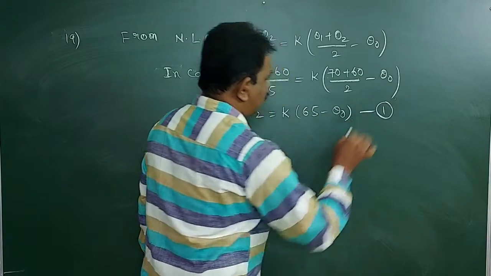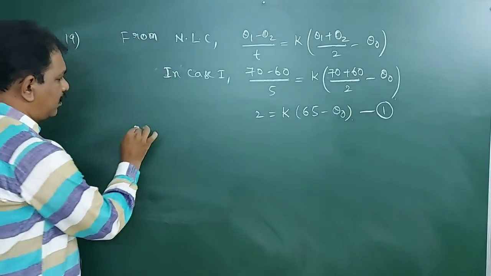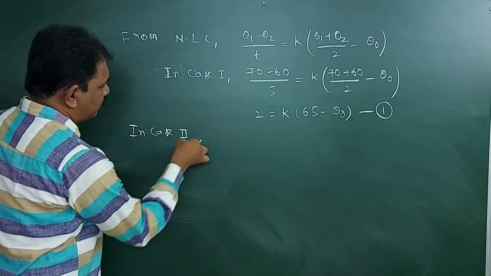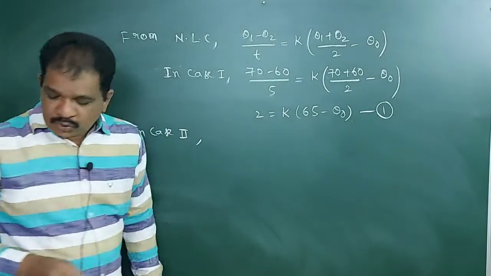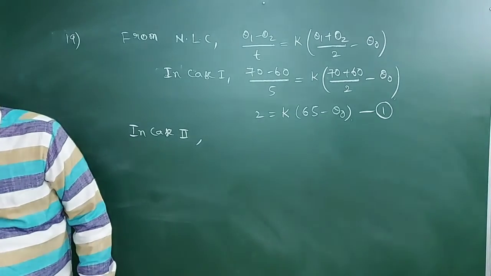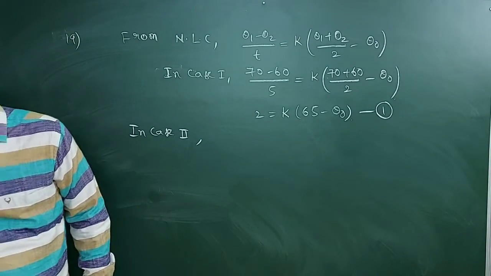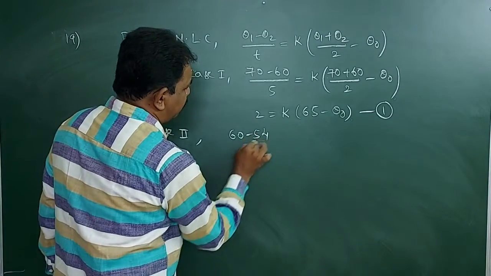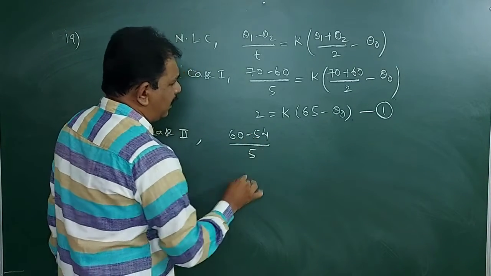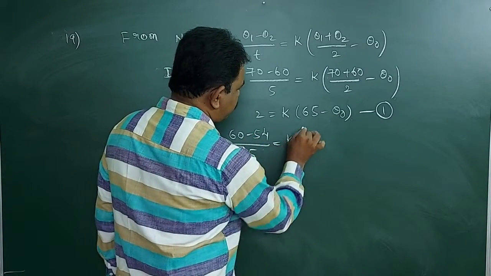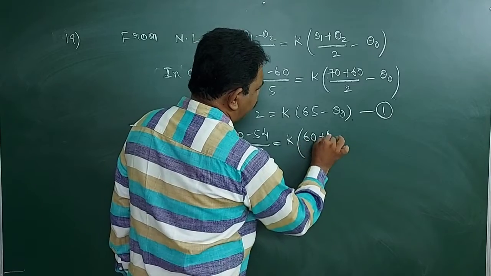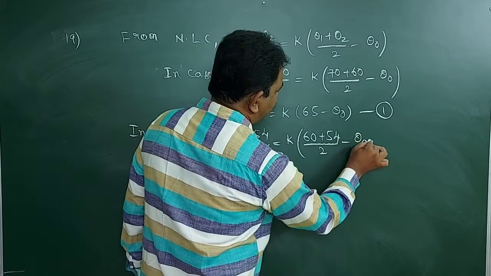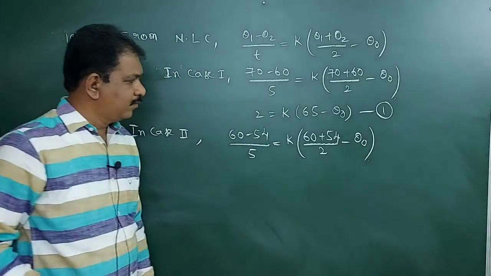Let it be equation 1. In case 2, it comes to 54 degrees centigrade in the next 5 minutes. So 60 minus 54 by 5 is k into (60 plus 54 by 2 minus theta naught).